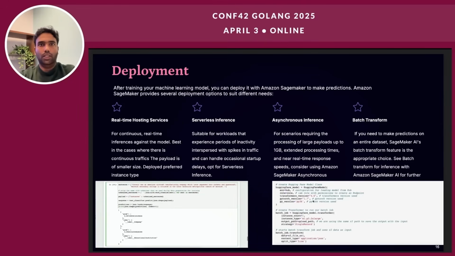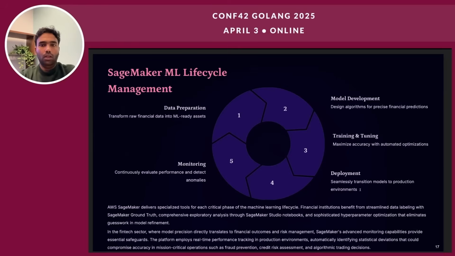This, however, is an example of batch transform, where we have created a Hugging Face model and we are passing a batch job transformer to do inferences on a bunch of data from an S3 file. This is the overview of SageMaker and how it can be used in the entire ML lifecycle.